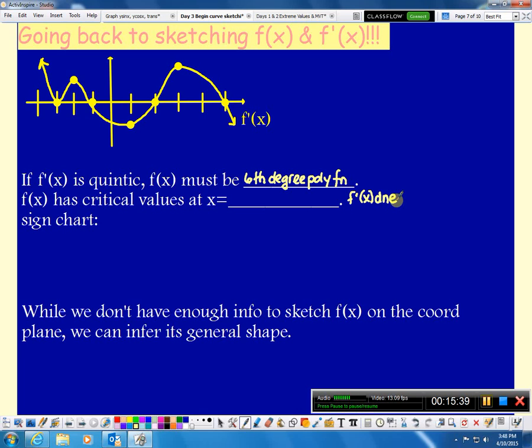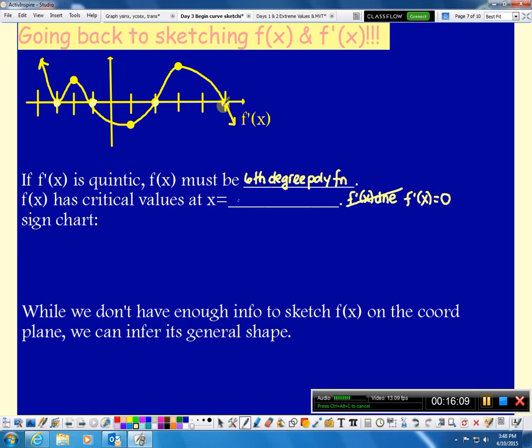I also have to look at where f'(x) is equal to 0. Do you see f'(x) equal to 0 anywhere in the graph? Yes, at these x-intercepts of the f' graph, that's where f'(x) equals 0. So at x equals -3, x equals -1, x equals 2, and 5. Oh, so I've got 4 critical values.